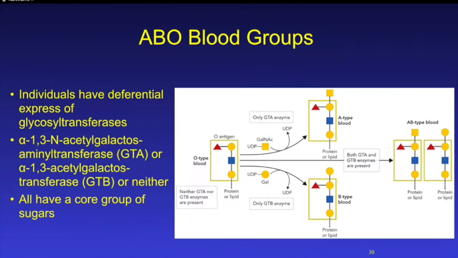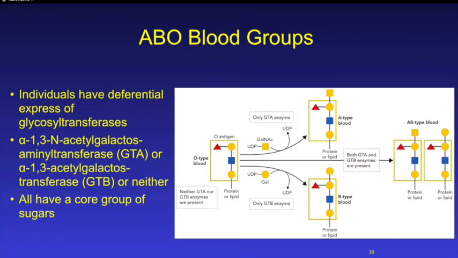Now, how in the world do we become A type or B type, or there are people that have both A and B type? It is the differential expression of the proteins that transfer the sugars, glycosyl transferases, to that basic structure of sugar that is placed on the red blood cells. If you have neither transferase, you have O-type blood.